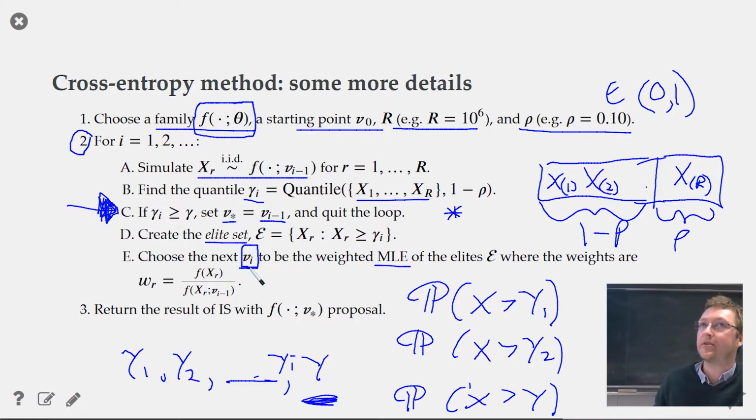The sample you're fitting on is the elite set, the ones that are pushing closer to the rare event. There's a little hitch: it's not a pure maximum likelihood, but you have to weight some samples more than others. The weighting you apply is the likelihood ratio, the original density divided by the density of the previous proposal density.